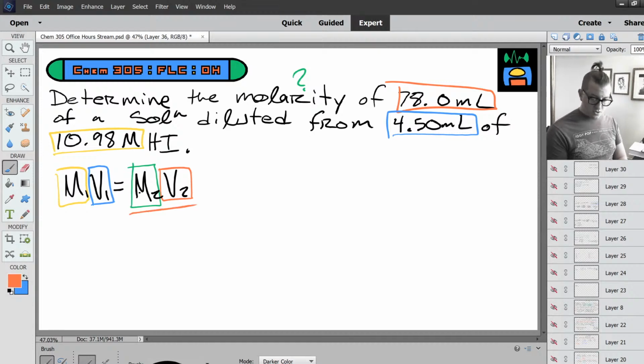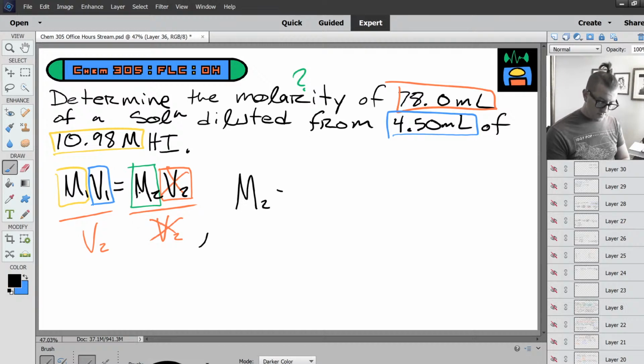So it starts with dividing both sides by our final volume: M1 V1 over V2.